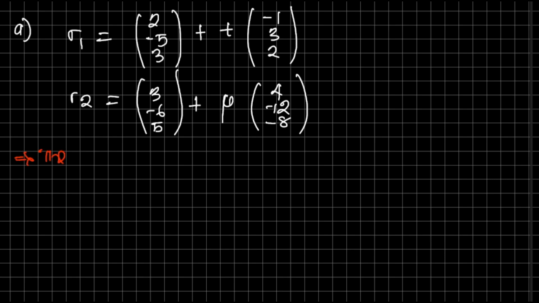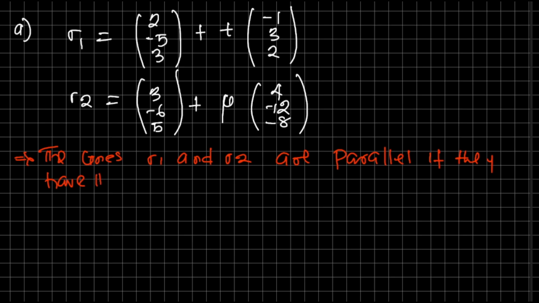Solution: the lines r1 and r2 are parallel if they have the same direction, not necessarily the same magnitude. So let's see if they are scalar multiples of each other.